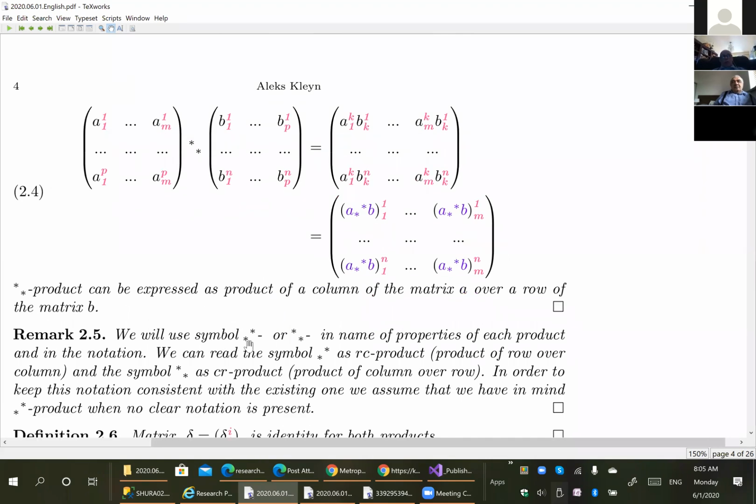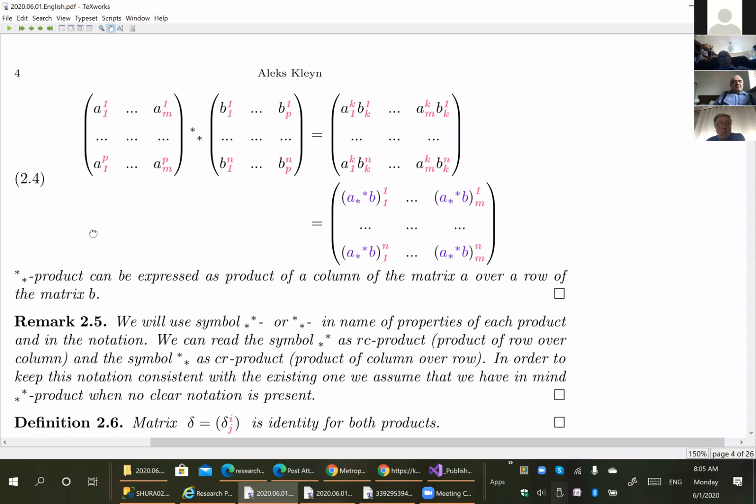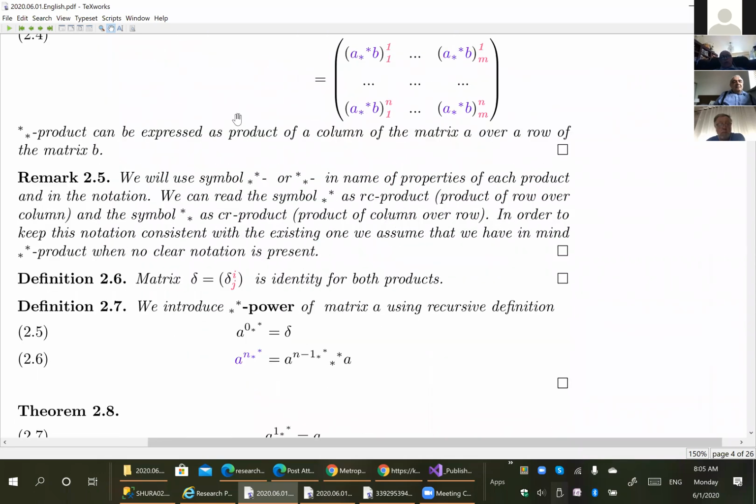We use these symbols to distinguish these two types of product. It's easy to remember because I usually write the symbol star in the place of the index of the cofactor. We read this symbol as RC product, or row over column, and this symbol as CR product, or product of column over row. Also, I introduce matrix delta as the identity for both products.